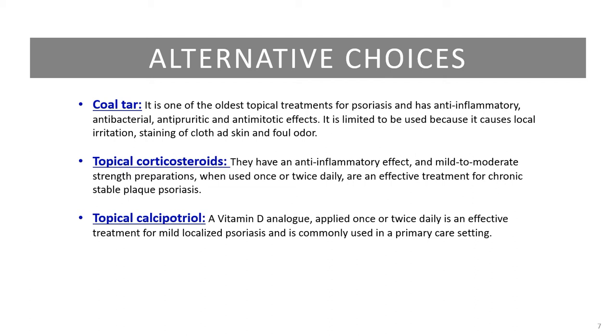So it is also limited, but it still has more efficacy than diathranol. So instead of diathranol, we can recommend topical corticosteroids and topical calcipotriol more, as they are more efficient and have more efficacy.